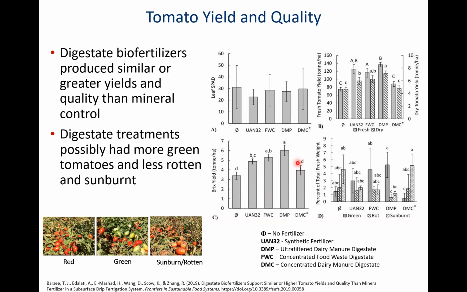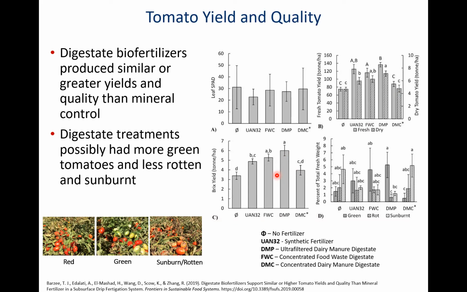And here this is food waste concentrate, dry manure permeate, and this ultrafilter, this is basically permeate, and this is dry manure concentrate. This also still has even better Brix, which is a good parameter.